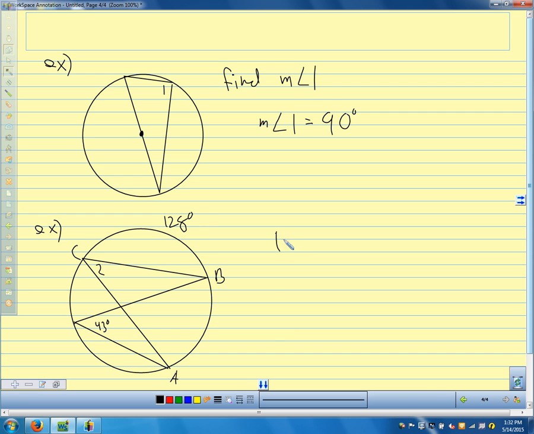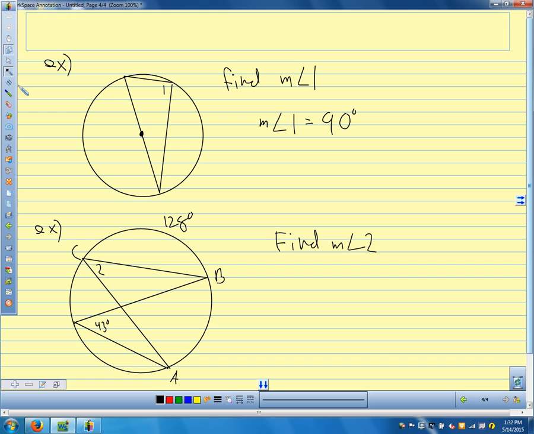All right, the second example here, and we're almost done. And we want to find the measure of angle 2. Any ideas what we're going to do here? You could do like 43 times 2.